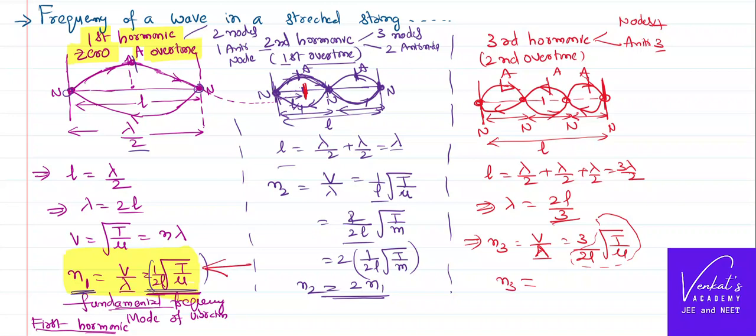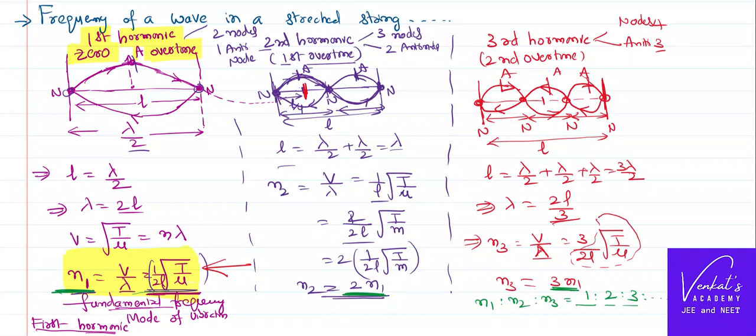So N3 is equal to 3 times N1. The conclusion we can draw in the case of a stretched string is that the ratio of frequencies is 1 is to 2 is to 3. This is N, this is 2N, this is 3N. Therefore, they have a ratio of 1 is to 2 is to 3 and so on.